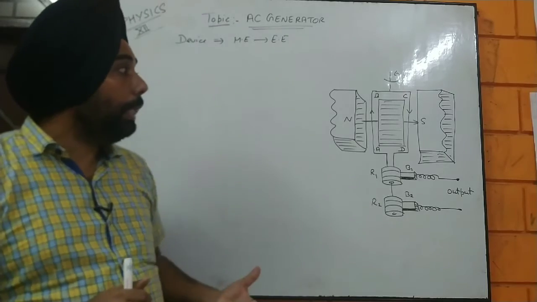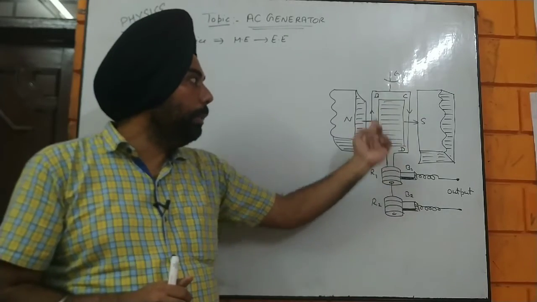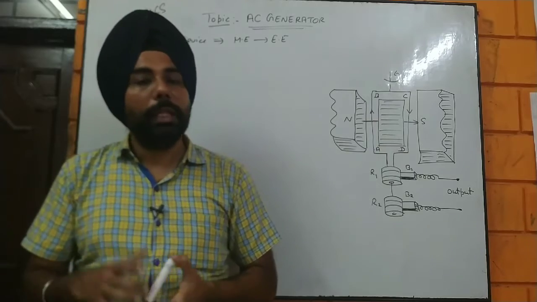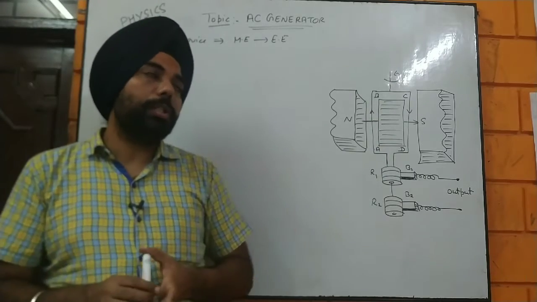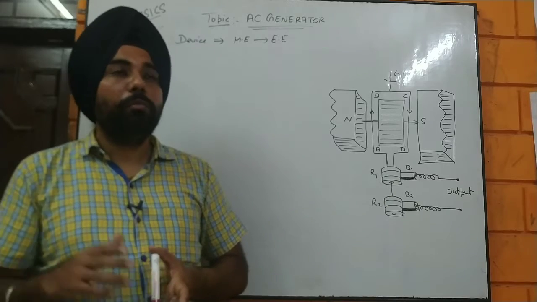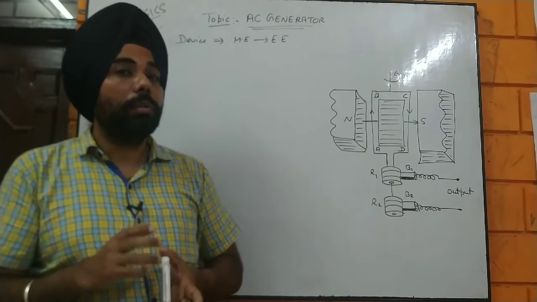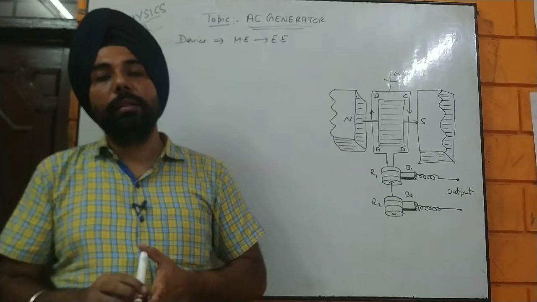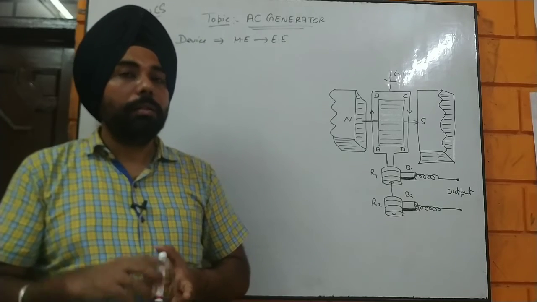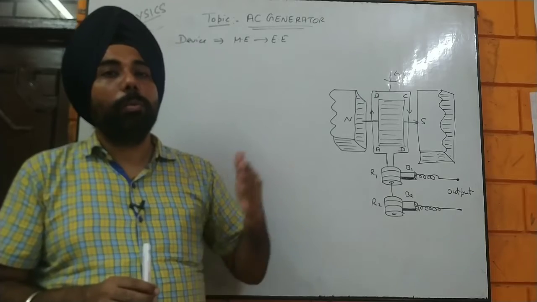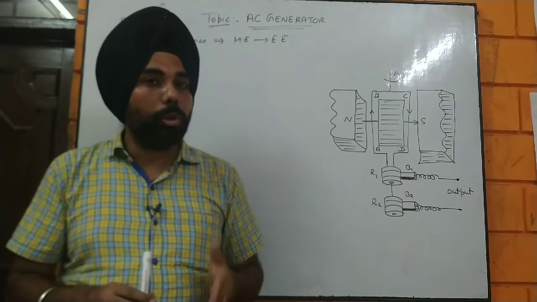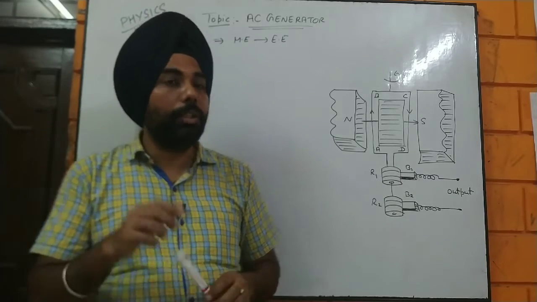Now, if we place a rectangular coil, ABCD is the coil here, in between the poles, and if we provide the mechanical work which can rotate that rectangular coil, then easily the magnetic lines are going to be cut. That is the basic principle of an AC generator.